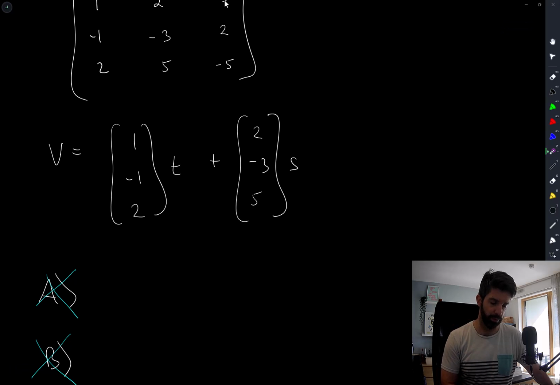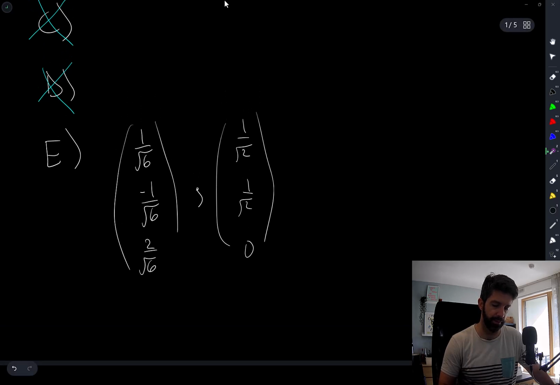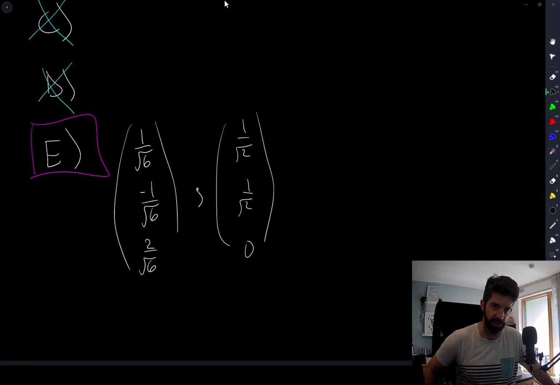So the two cross products should be parallel, if this is an orthonormal basis for what we've spanned. But I'm confident that this is the correct answer. Again, I typically don't want to resort to process of elimination if I can do it directly.